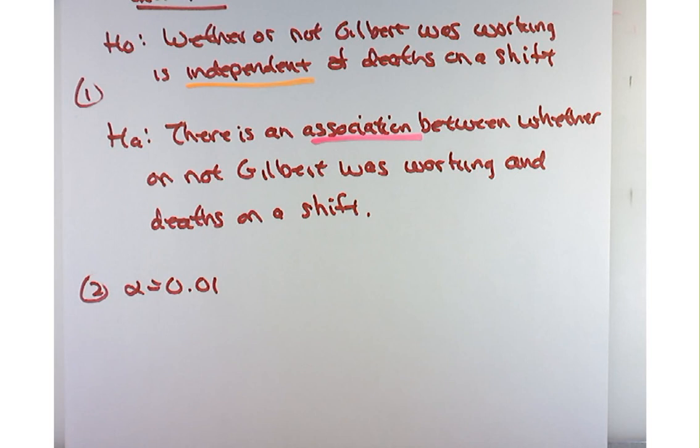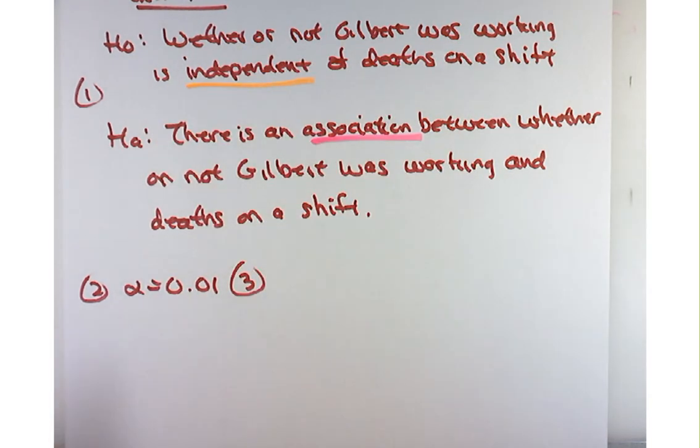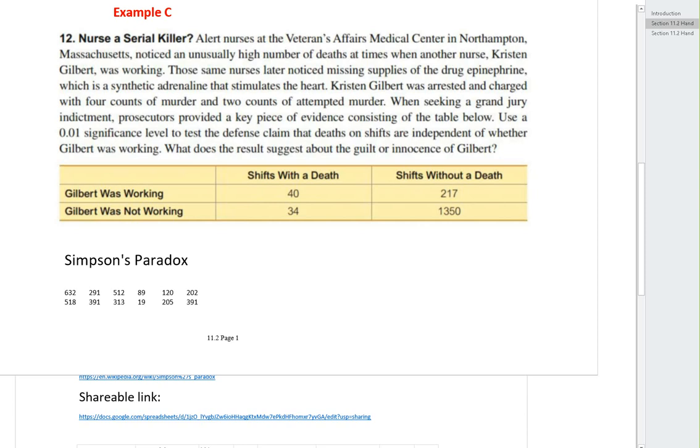So that brings us to our third step, which is inputting the data. Let's go back to the handout. So the data that we want to put in is 40, 34, 217, and 1350.